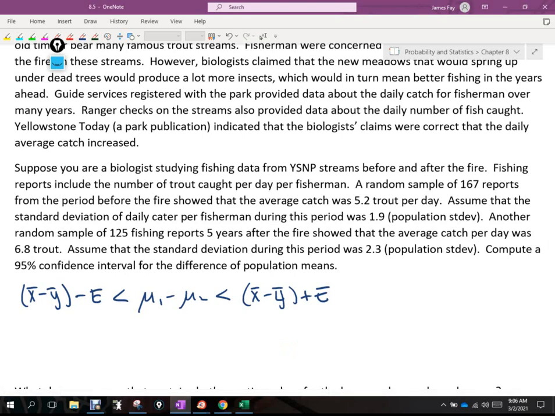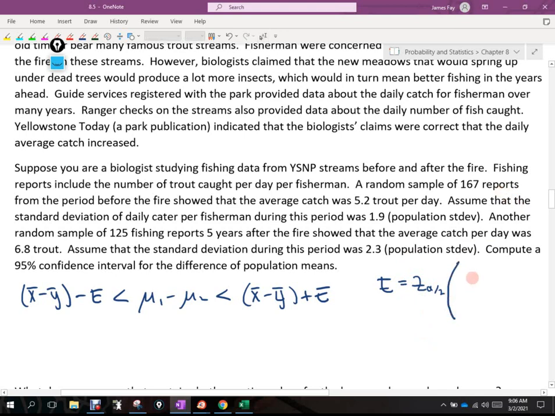So then we've got to figure out what E is. Okay. E, if you remember from yesterday, is your Z sub alpha over 2, and that's attached to the 95% that we're looking for. So that's 1.96, right? Okay.